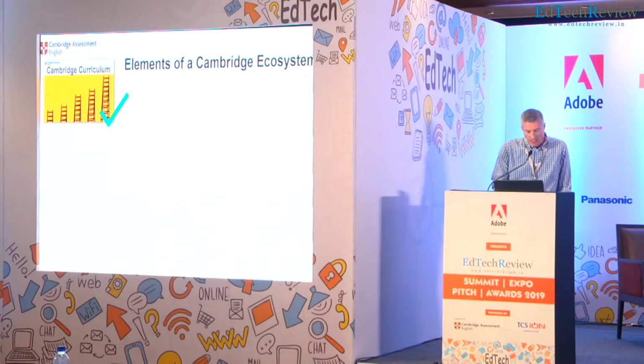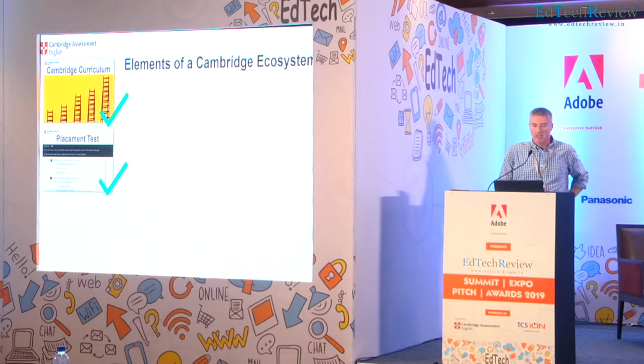Well, firstly, we need to have an organising framework or some kind of map of learning, so that we can place the learner at the right place on the map. And so we have a Cambridge curriculum which sets out what needs to be taught, and we have a placement test so we can measure the learner and put them on the map.